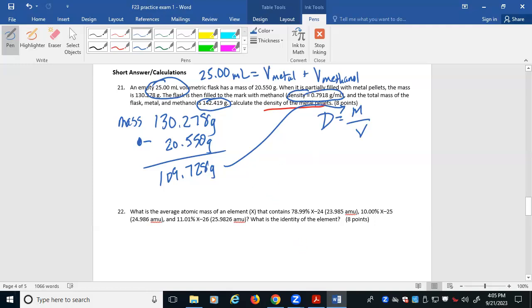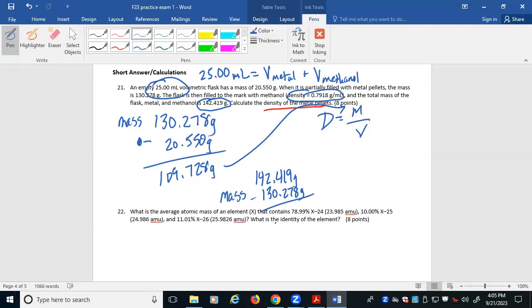To figure out the mass value, I need to do another subtraction. 142.419 grams minus 130.278 grams. So again, the difference between those two measurements is one had the metal and the flask, one had the metal and the flask and the methanol.